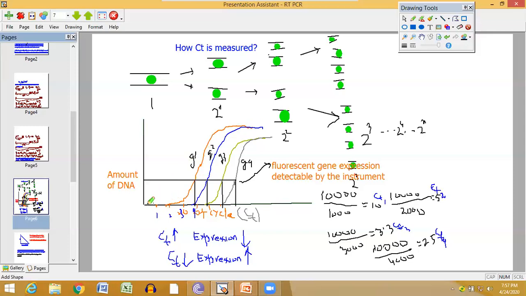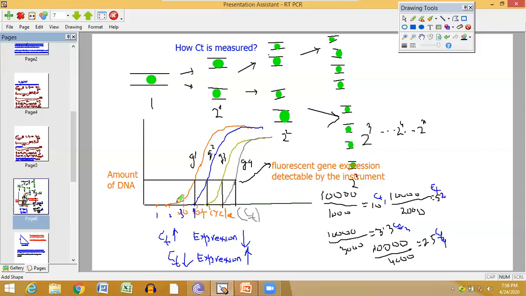The PCR is going on, but until it comes to a certain point, it is below the detection point of the machine. It is going, but the machine thinks that the DNA amplification is not there.